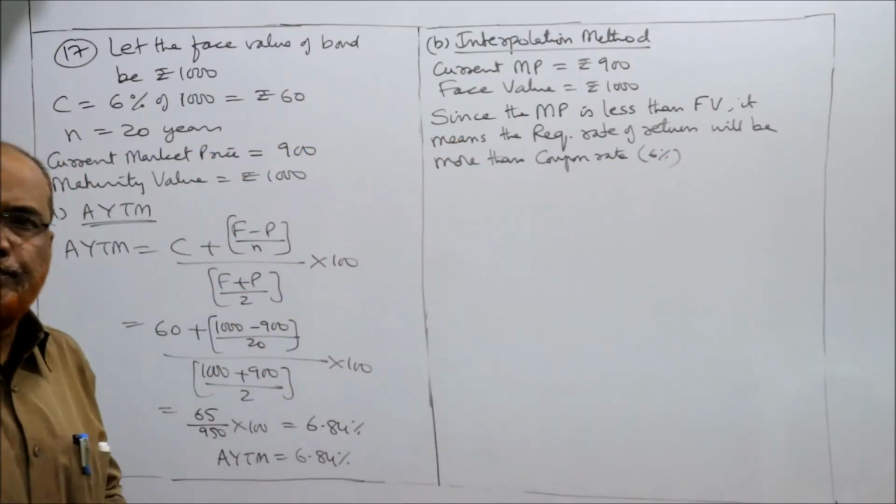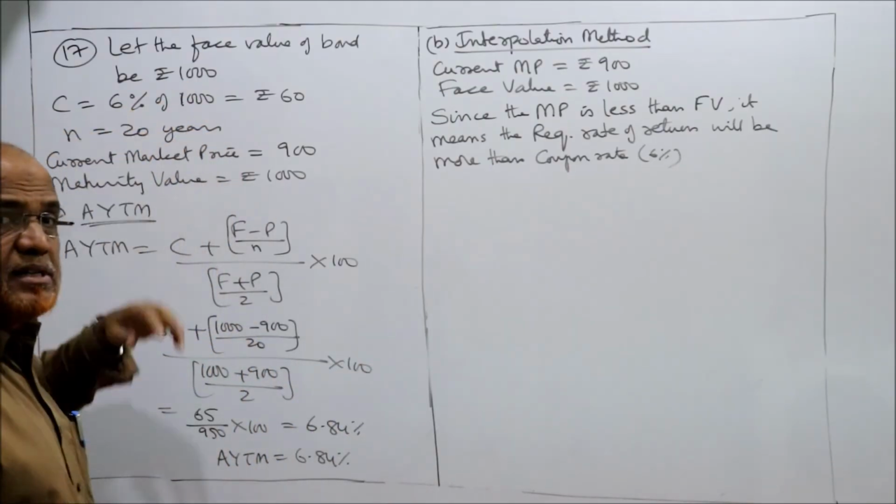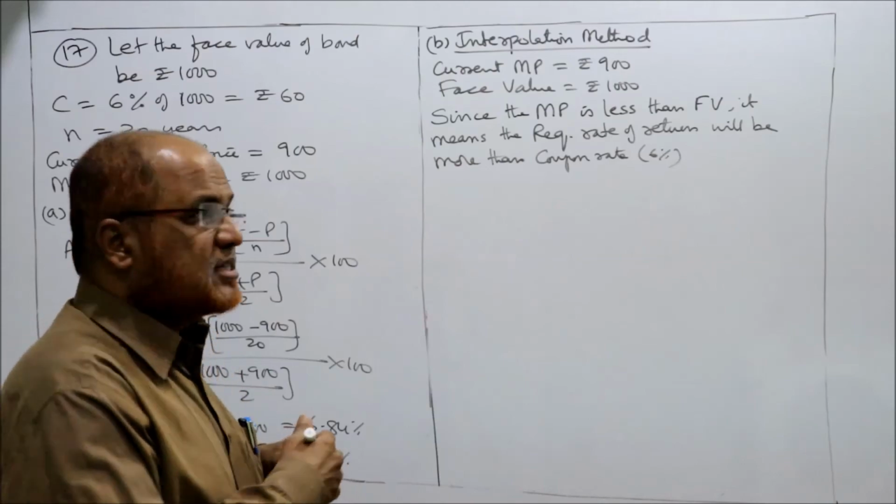More than the coupon rate. The required rate of return is higher than the coupon rate, and the coupon rate here is 6%. So we have to assume more than 6%.